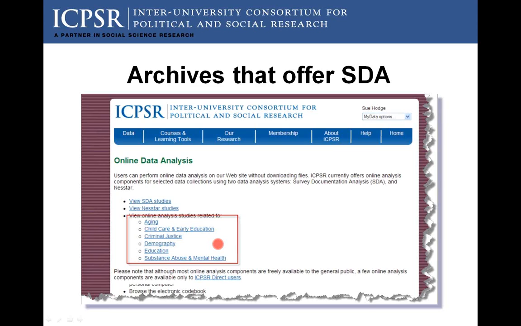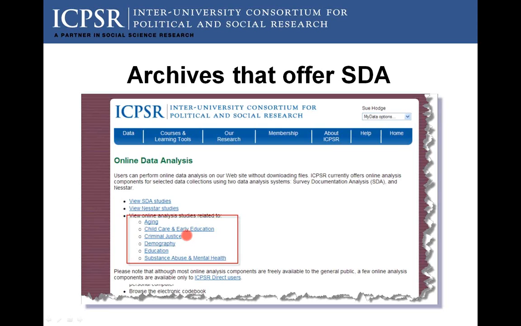Accessing the study through some archives will allow you to choose to authenticate anonymously. The archives that require the use of My Data accounts are Aging, that's the NACDA archive, National Archive of Criminal Justice Data, and Criminal Justice, which is National Archive of Criminal Justice Data.